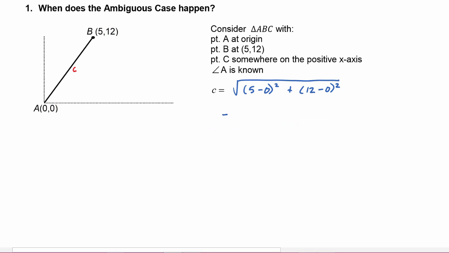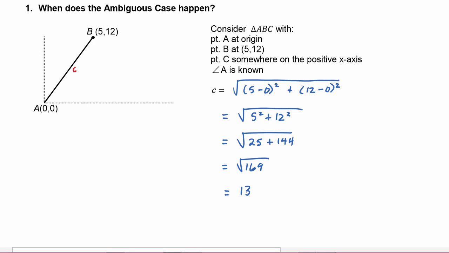We get that c is equal to the square root of 5 squared plus 12 squared, which is the square root of 25 plus 144, which is radical 169, which is 13. So let's label that on our diagram. We know that the length of side c is fixed. It will always be a constant of 13.